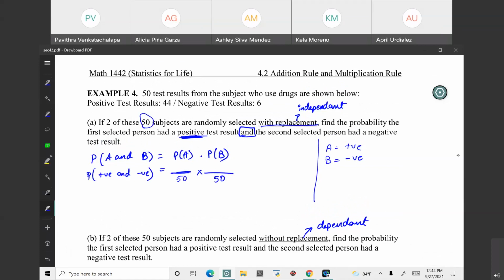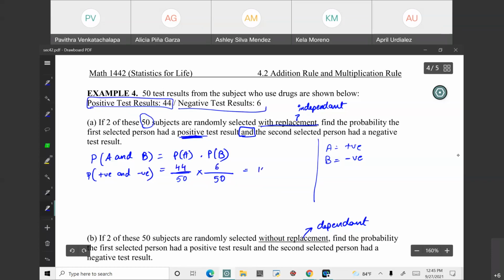Now event is positive. So what is the total number of people tested positive according to the given question? 44. It's given here. Positive test results are 44. And negative test results are 6, which is event B. That will be your answer.